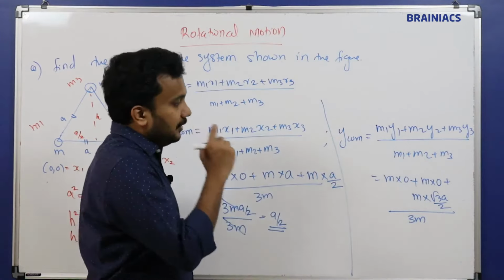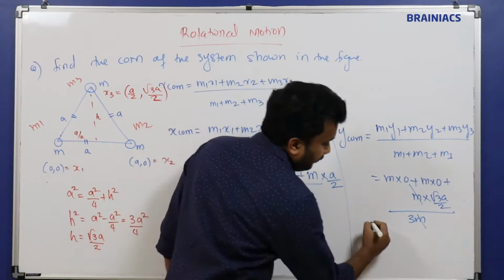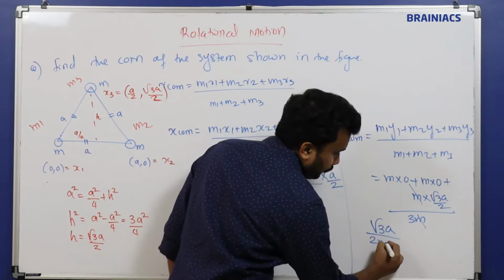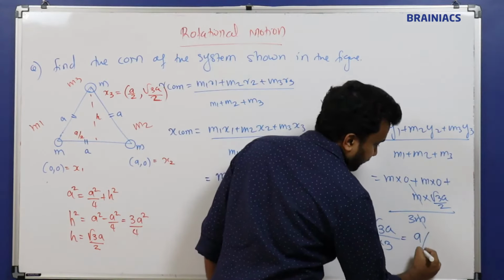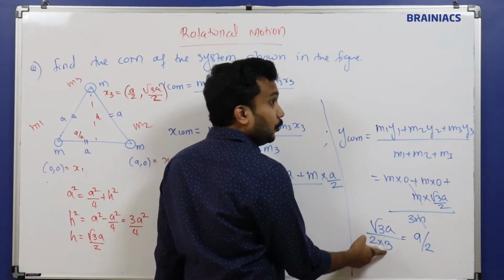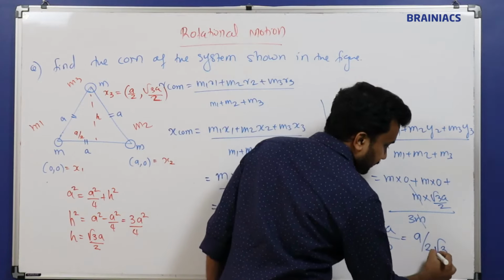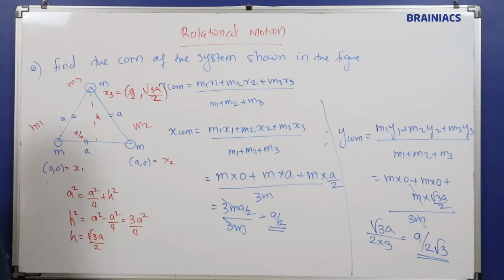The m's cancel, and we get root 3a by 2 into 3. So the 3 can be further simplified: a divided by 2, and 3 is root 3 into root 3. So one root 3 cancels out, and the balance is a by 2 root 3. So here is the position coordinate.